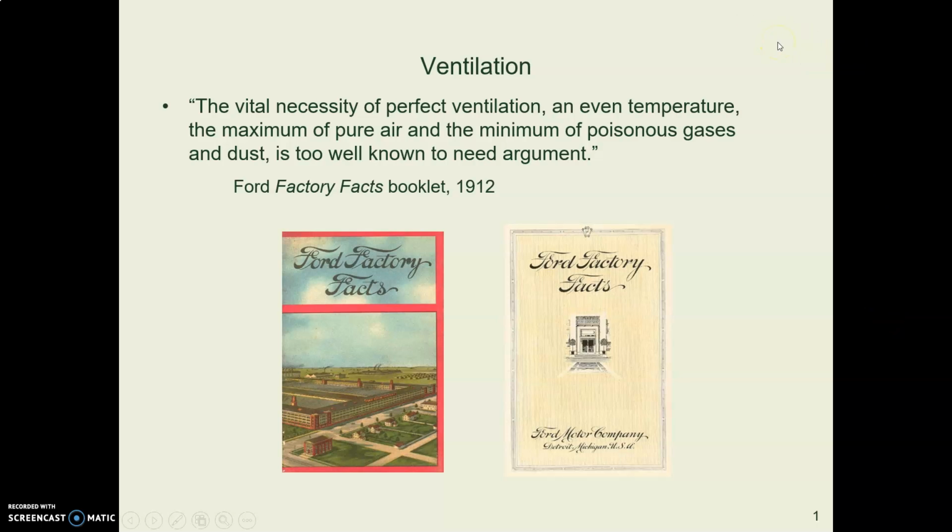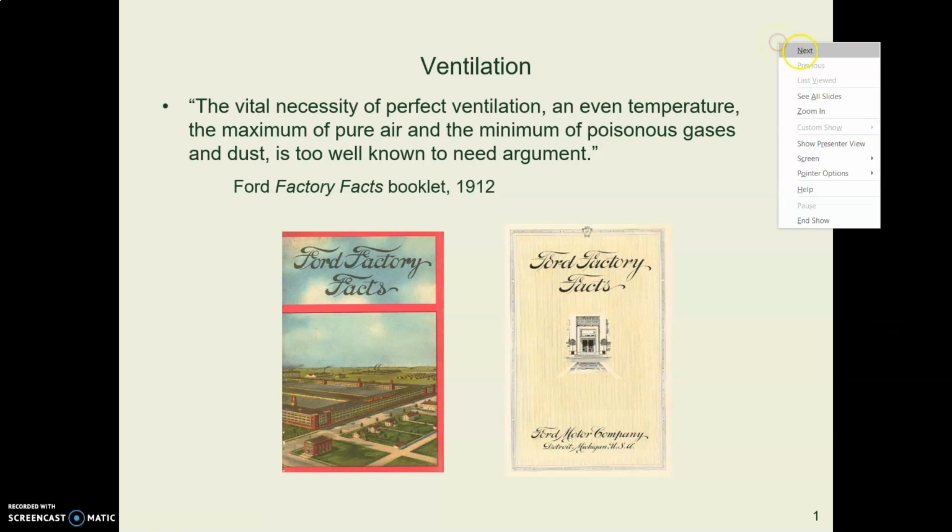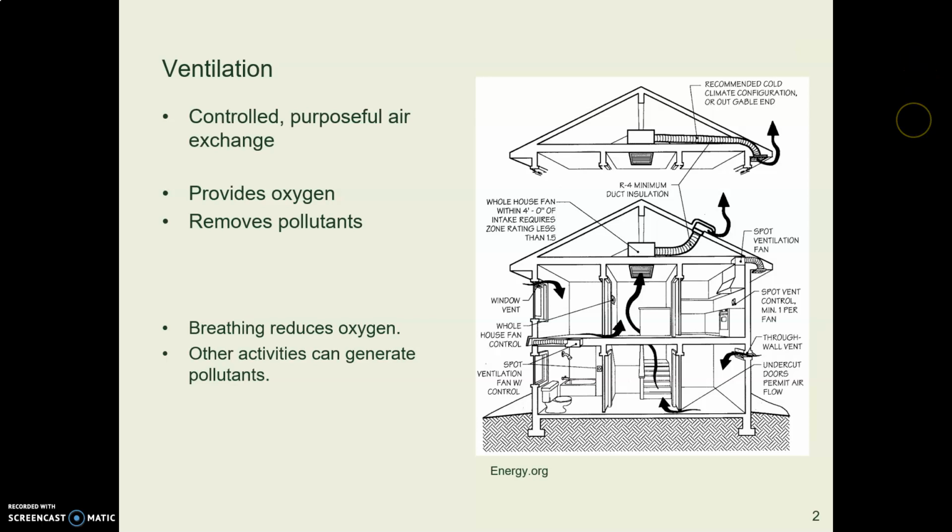Ventilation is the V in that word HVAC. And ventilation is the part of the HVAC system where we control the flow of air, and we blow out old air and we bring in new air. Part of the reason we need to do that is to keep the oxygen levels up.